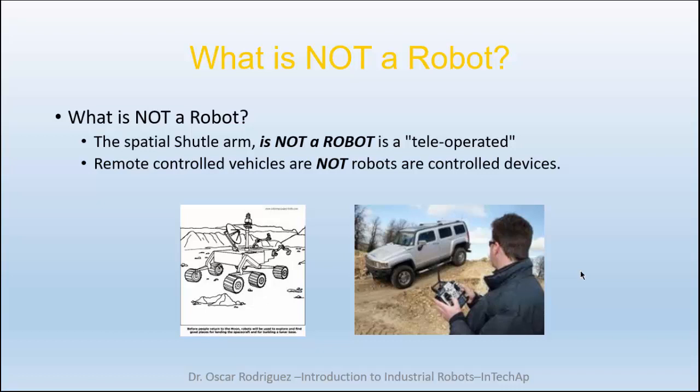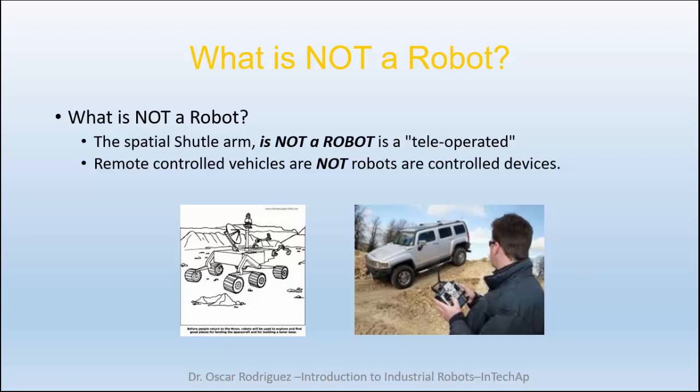They're exactly that: remotely controlled vehicles or teleoperated devices. These are examples that can confuse us into thinking they're robots. Sometimes we refer to these things as mobile robots, and again, there are some fine-line definitions here. I hope this is not confusing, but we're trying to separate what really is a robot from something that may look like a robot but is not.